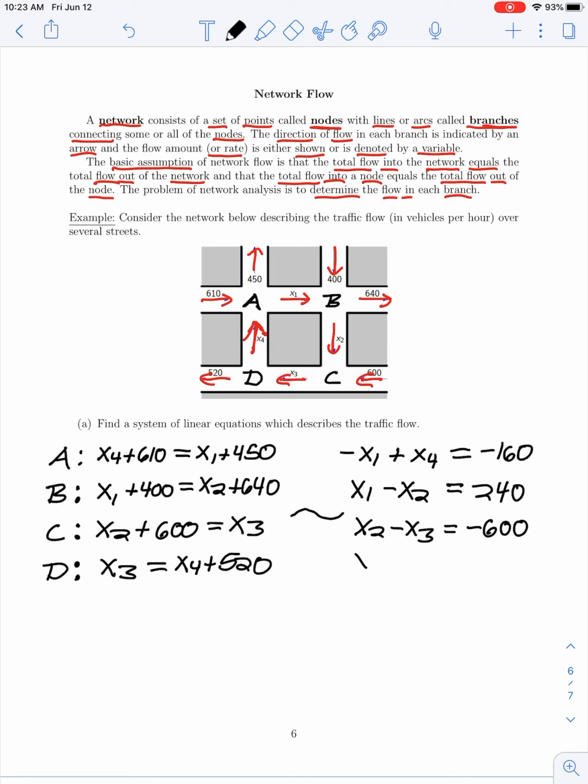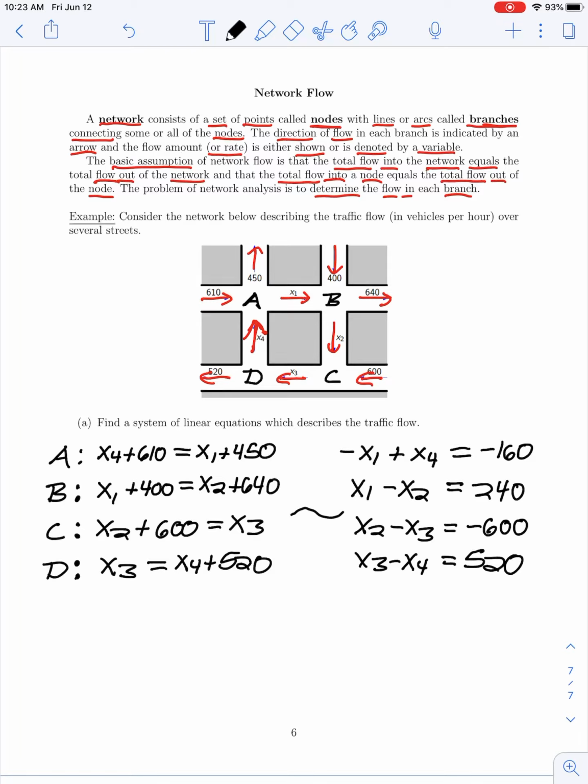And for equation D, we have x3 minus x4 is equal to 520. All right. So we have the following system of four linear equations in four variables, x1 through x4, which is what we were asked to find in part A.